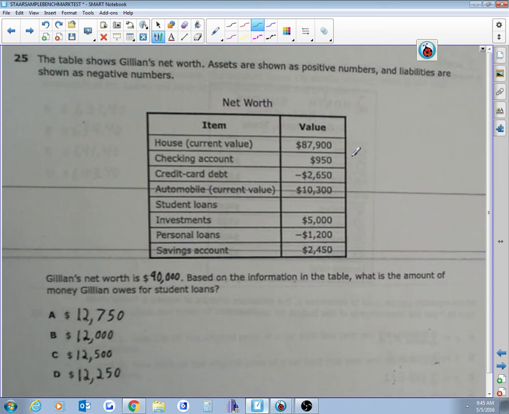Okay, so if we add all these positive numbers up, if we add up all the assets, this plus that, plus this, plus this, plus this, when you add all those up, you should get $106,600. Okay, so $106,600. And then minus the credit card debt, because that's what she owes.